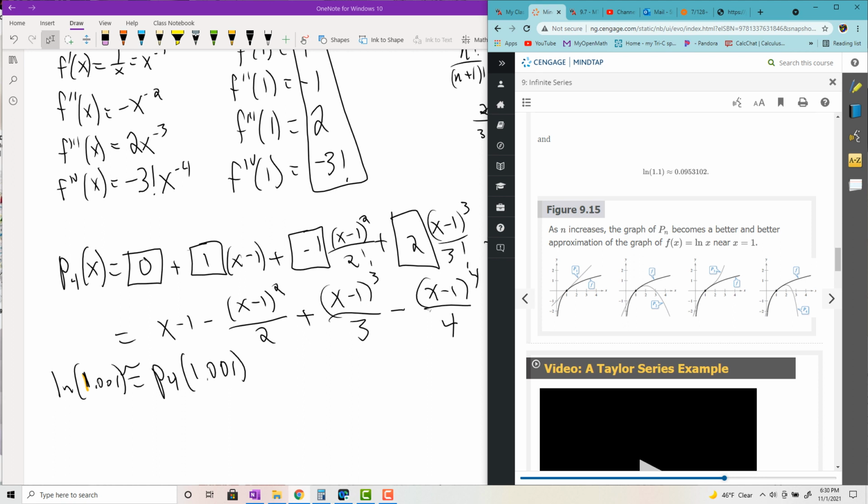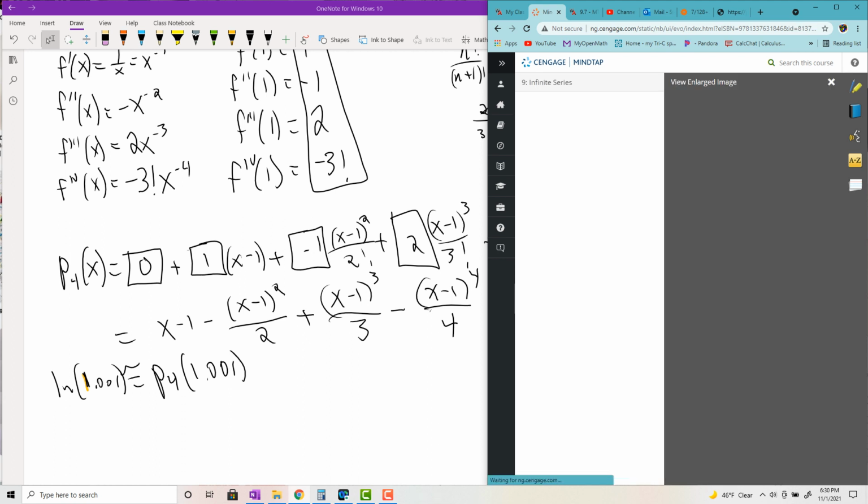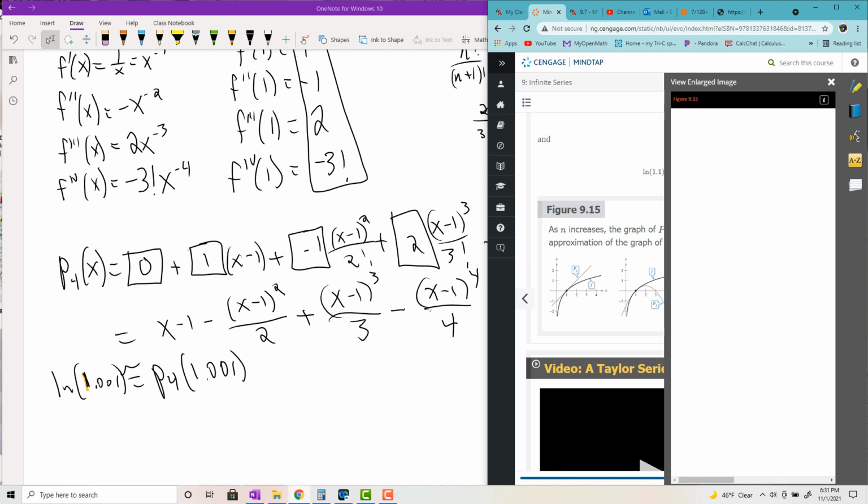Figure 9.15 shows you the kind of sequence of polynomials. So approximating in the first picture with a first degree polynomial. The second picture shows you approximating with a second degree polynomial, which is a parabola. So you see the curviness kind of becomes closer to the curviness of f. So as you equate higher and higher derivatives, you're going to get more conformity, right?